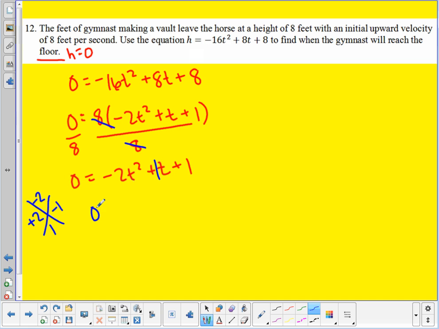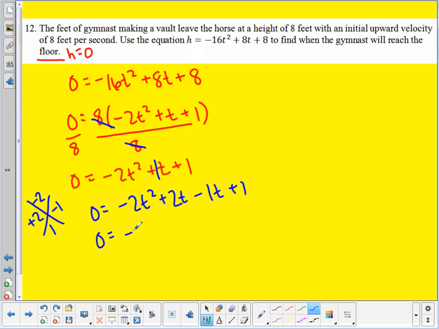So split those apart. 0 is equal to negative 2t squared plus 2t minus 1t plus 1. So in the first one, negative 2t squared plus 2t, I'm going to take out a negative 2t.